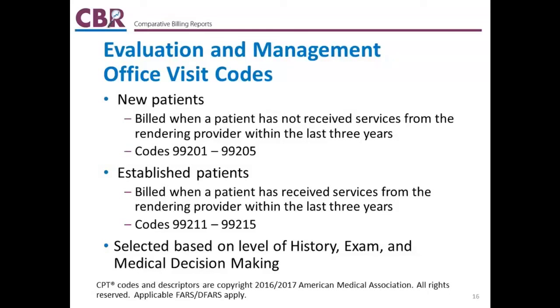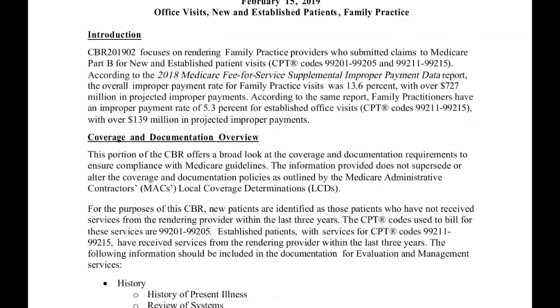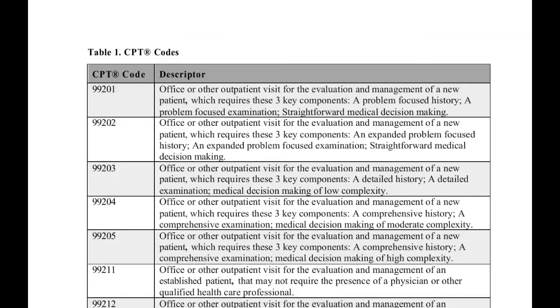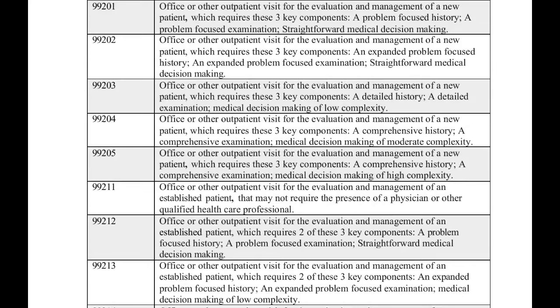So let's take a closer look again at Table 1 of the sample CBR, and you can see that the table lists the requirements for each office visit and each E&M code. So you can see here that the codes are selected all the way from a problem-focused history in 99201 and 99212, all the way to a comprehensive history and exam and medical decision-making in 99205 and 99215.